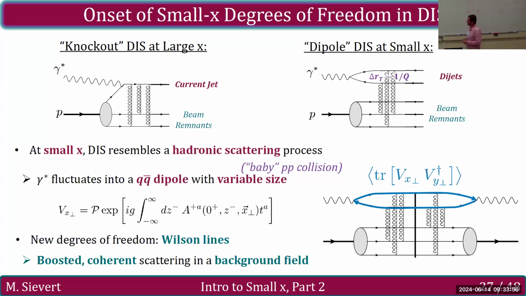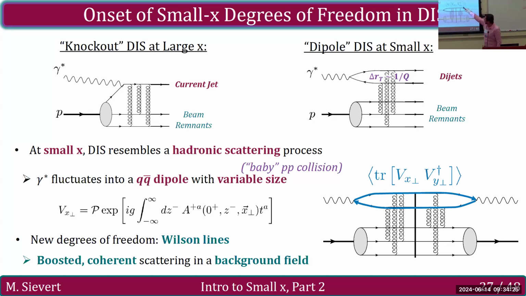So the process that dominates deep inelastic scattering at large x is not the same as the process that dominates DIS at small x. Instead, since this process becomes power suppressed when I go to small x, the most important contribution is an alpha S correction to it, where instead of hitting something out of the proton, my virtual photon just fluctuates into a quark-antiquark pair, and it punches through the proton, basically like a baby proton-proton collision.